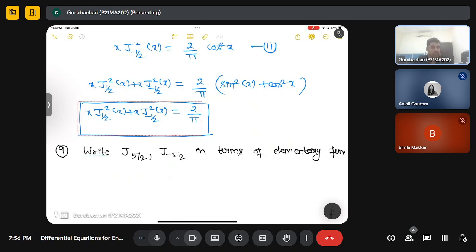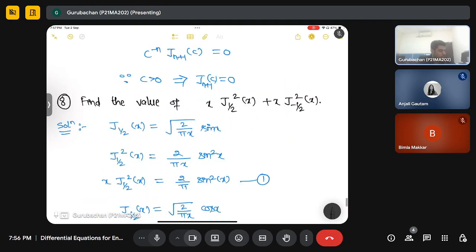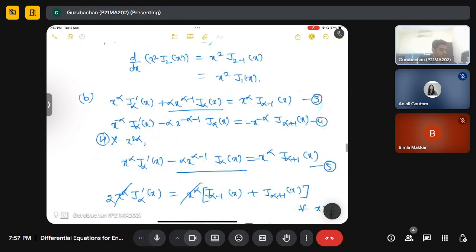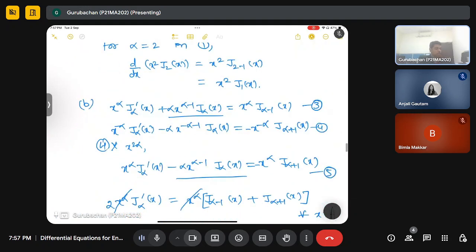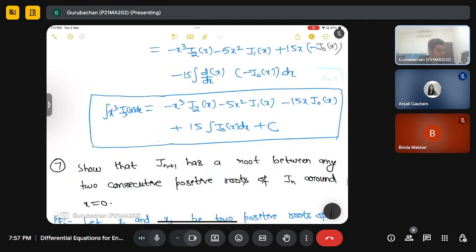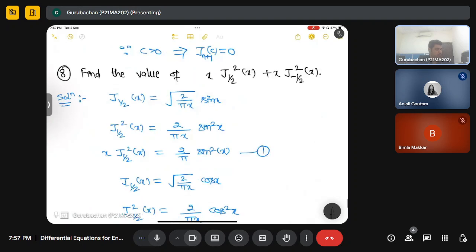Elementary function means some fundamental functions that you are well aware of. So try this one. You have to apply the properties of the Bessel function that we have derived in the third or fifth question, you can say. You may try this one. Otherwise, we will discuss it in some time.